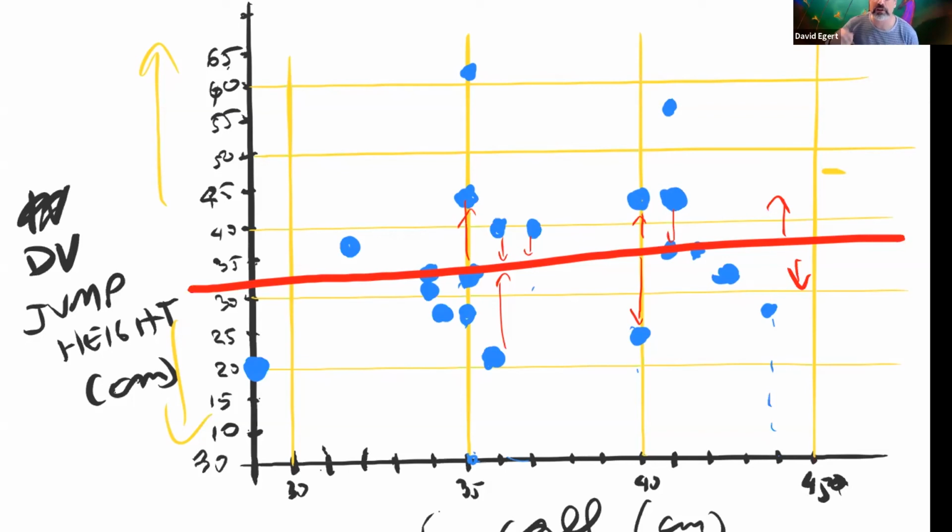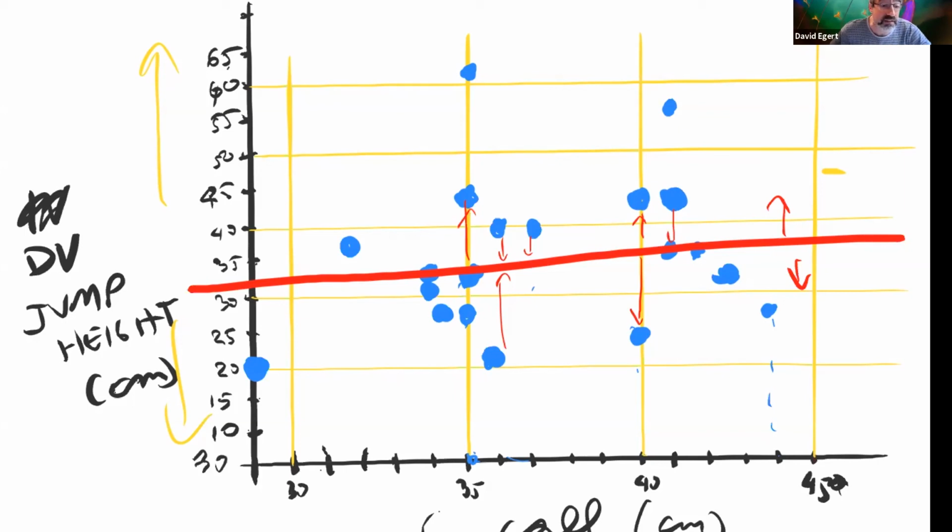I just want you to look at your individual hypothesis. If you have multiple hypotheses, just pick one of them. You don't have to do it for everyone. But you should analyze the data and see, does it support your hypothesis or not?